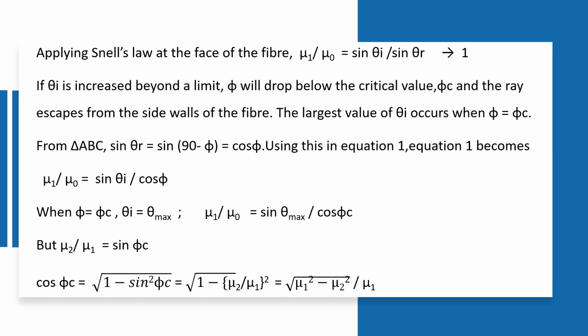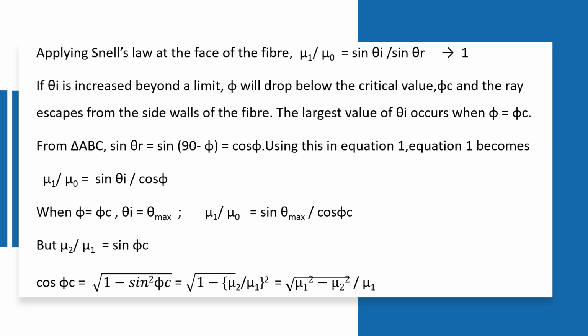To keep the total internal reflection condition, we consider the largest value of the angle of incidence at the air fiber region, that is theta I, which occurs when phi is equal to at least phi c. From the triangle ABC in the figure, sin theta r is equal to sin of 90 minus phi, which can be written as cos phi.